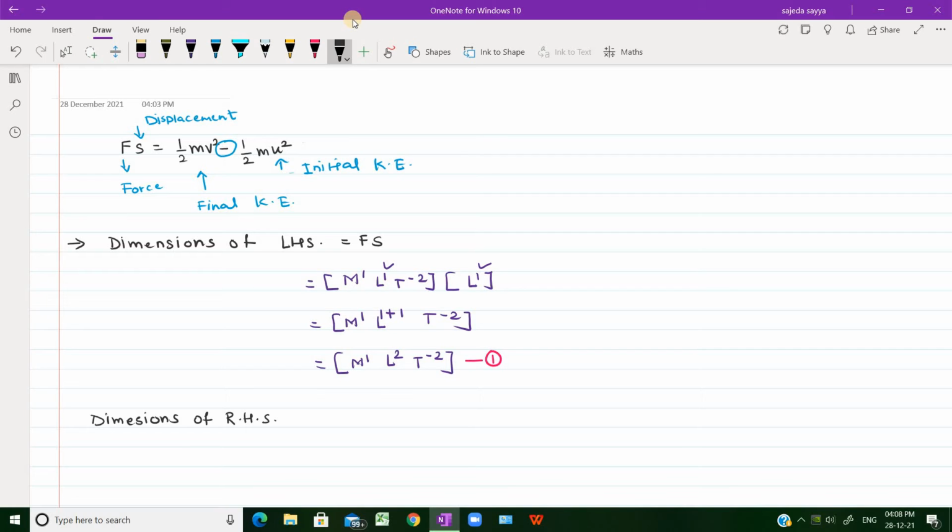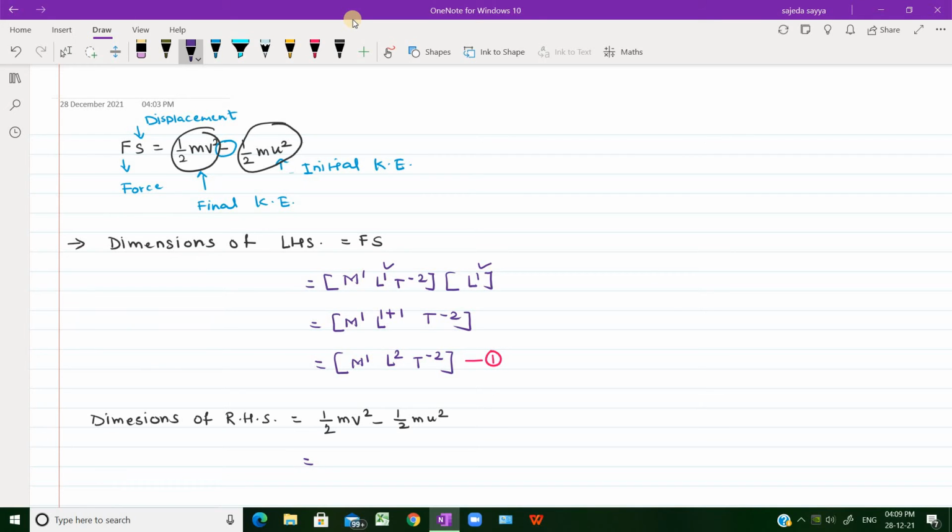So whatever dimensions this energy possesses, it must have the same dimensions as this term, then and only then these two terms can be subtracted. So even if there is a subtraction, let me do that. It is final kinetic energy minus initial kinetic energy, substituting their dimensions.